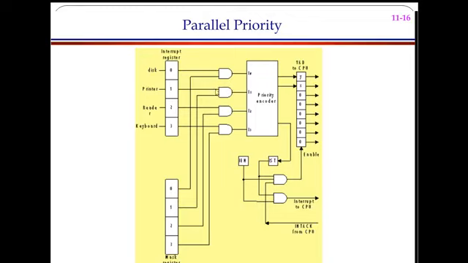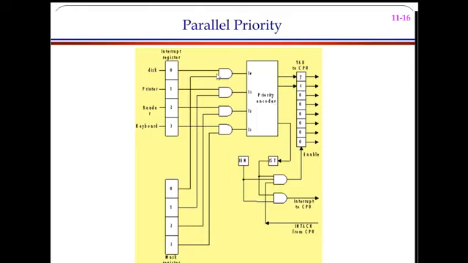So what happens? The outputs of all these 4 are available. Out of these 4, the highest priority is decided by the priority encoder, which you studied in the DE subject.